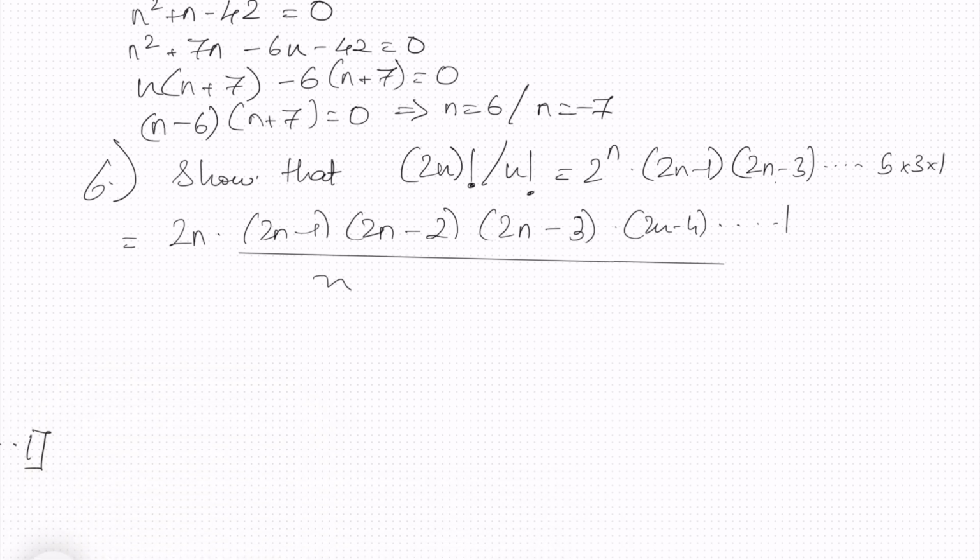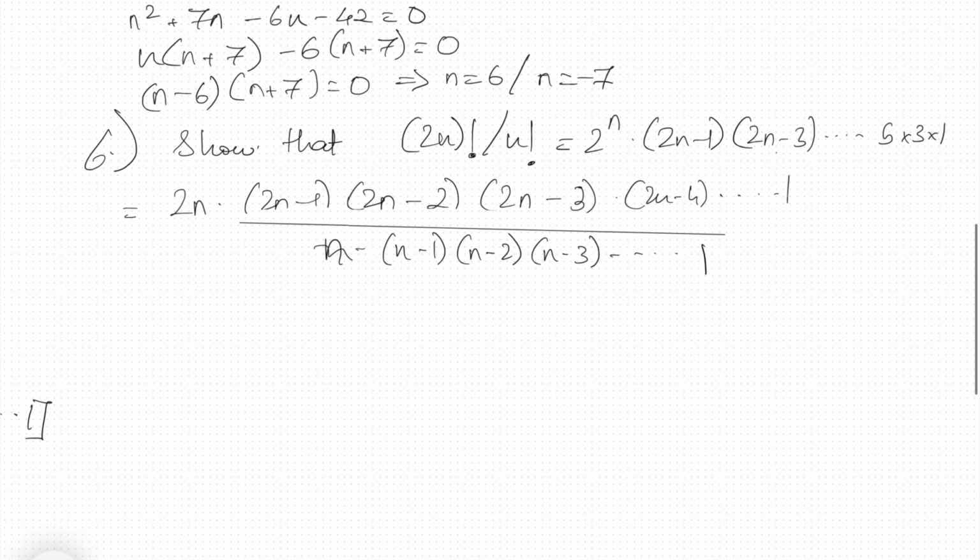Divided by n into n minus 1 into n minus 2, n minus 3, multiplied till 1. Right, so I can write this as 2 into n into 2 into n minus 1 into 2 into n minus 2 into 2 into n minus 3.